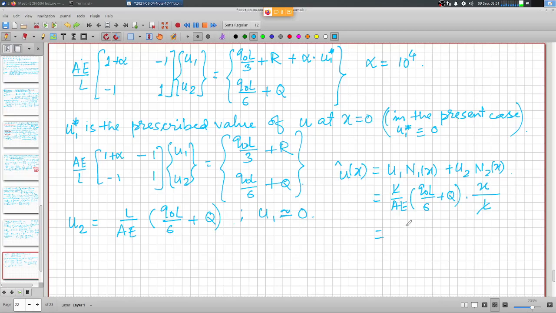So this is simply 1 over AE times q naught L by 6 plus q multiplied by x. So this is the approximation, and the axial thrust is of course given by AE times du by dx, and that is equal to the constant q naught L by 6 plus q. That's the one element solution.